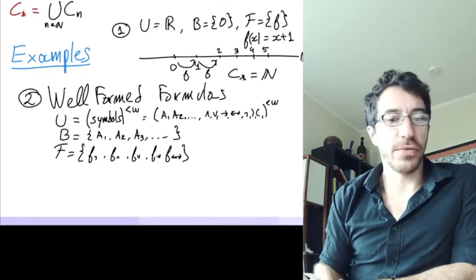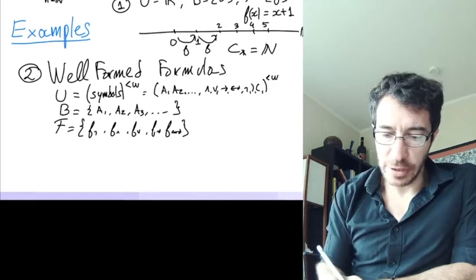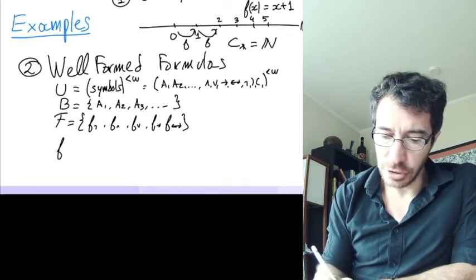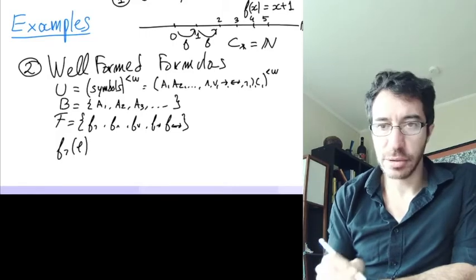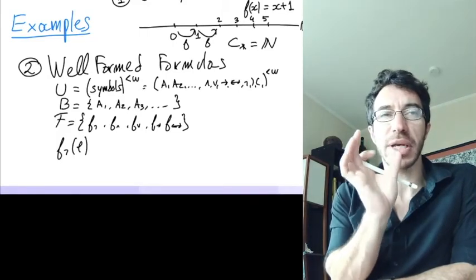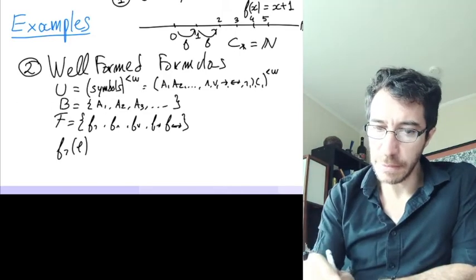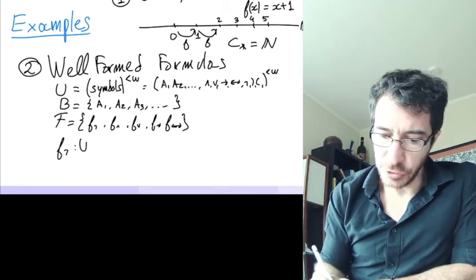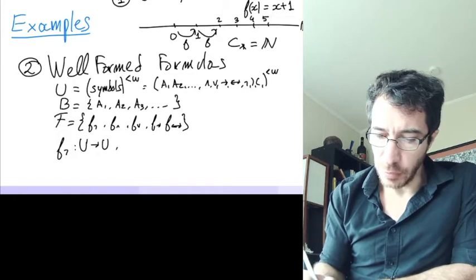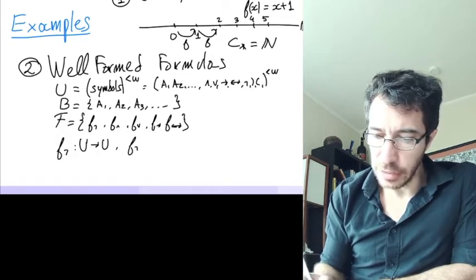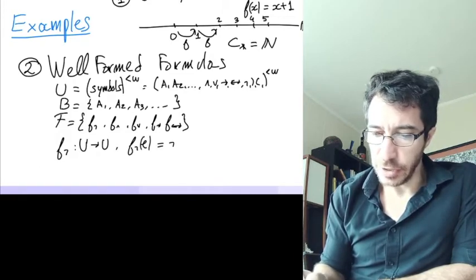And what do these functions do? So f not applies to a single object, a string in U, something in U, right? So these functions go from U to U. Let me just write that down. This one goes from the set of strings to the set of strings, and when you apply it to a string phi, it returns the string not phi.